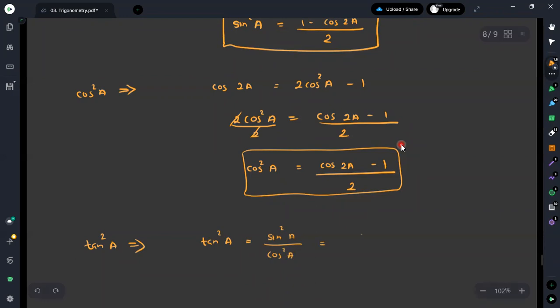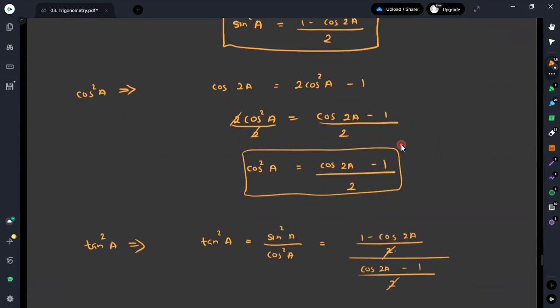Sine squared A is equal to (1 minus cosine 2A) divided by 2, entirely divided by (cosine 2A minus 1) divided by 2.